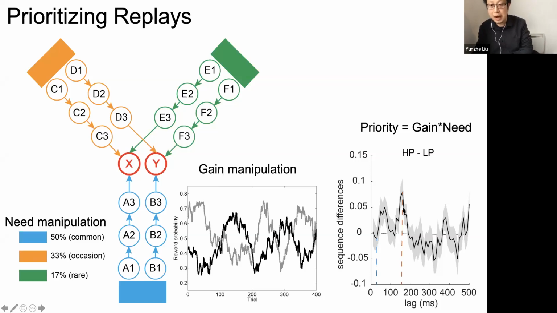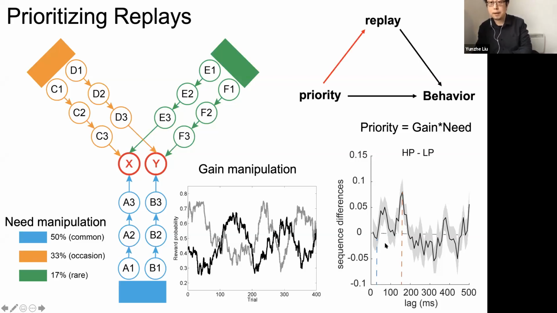And so we can say that, again, it peaks at 160 milliseconds, while this 30 millisecond thing, which is the dotted line indicated by this blue line here, is not significant at all. So this establishes the last line of this triangle, i.e. replay is indeed prioritized. It is prioritized so that it first replays the most policy informative experience.